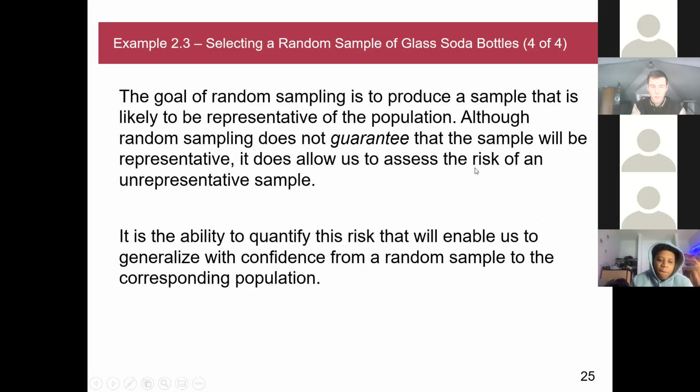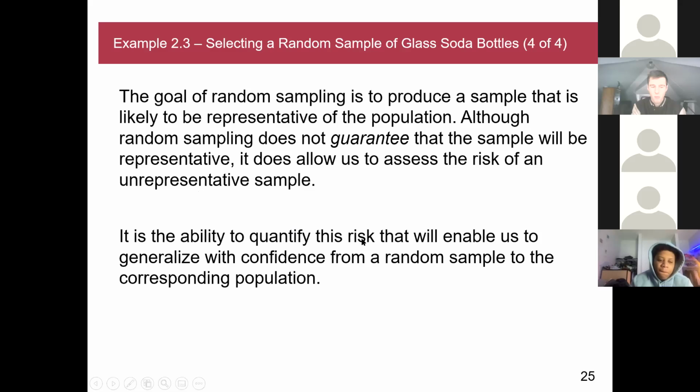And therefore, we can determine the probability of getting an unrepresentative sample when we select the sample, instead of just guessing at it. That is the strength of random sampling. It allows us to assign probabilities to the chance that we would end up with an unrepresentative sample.